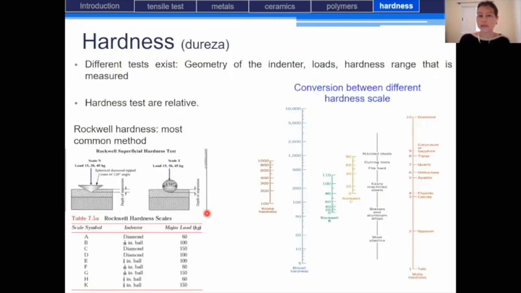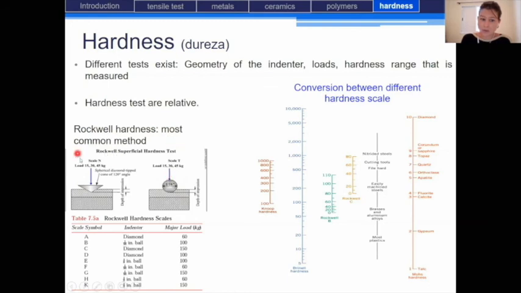And different tests exist. We have different geometries of indenters, as you can see in this figure. You can see a spherical diamond-tipped cone, or another one that is totally spherical. So the geometry of the indenter can vary depending on the test that we are performing.